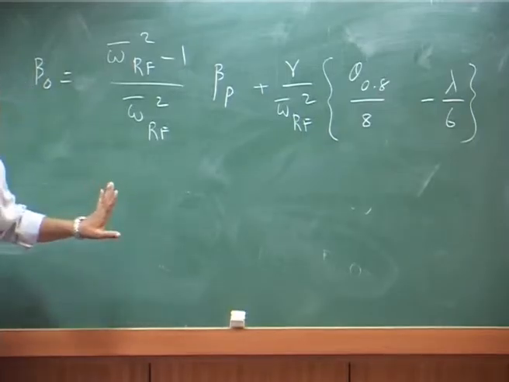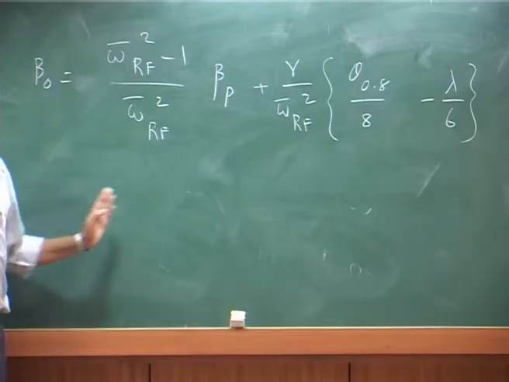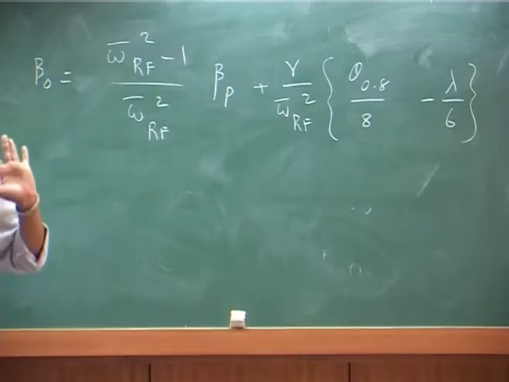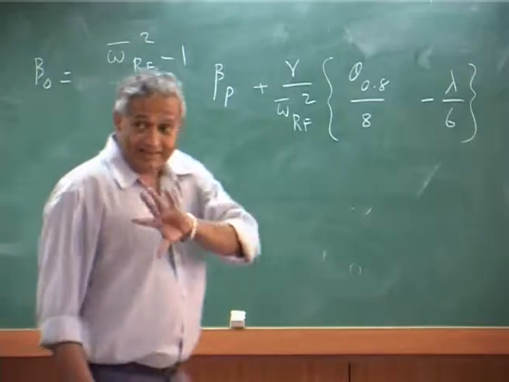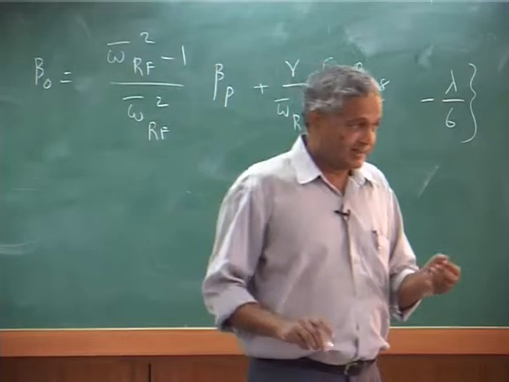If it is centrally hinged, you know what is my k beta. So, you should be able to handle this kind of equivalence easily.